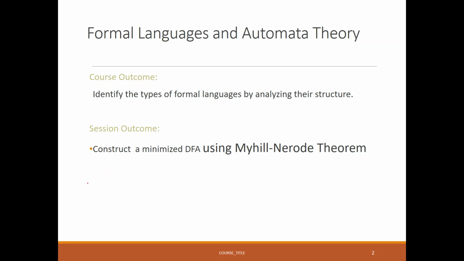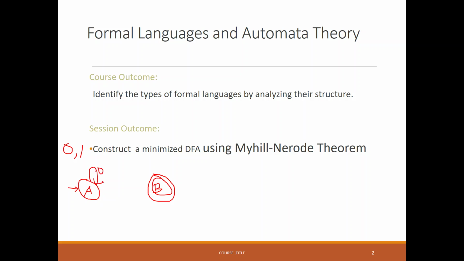Now consider this diagram. Let it have two states. This is the initial state and this is the final state. Let them be named A and B. Now we will have two inputs, that is 0 and 1. I'll draw the transitions.